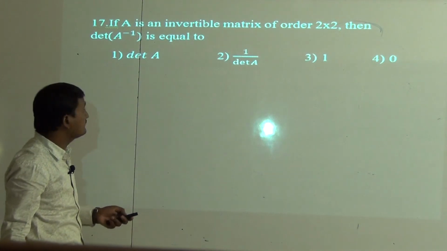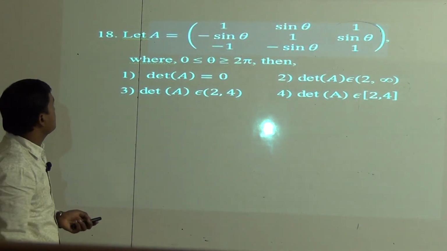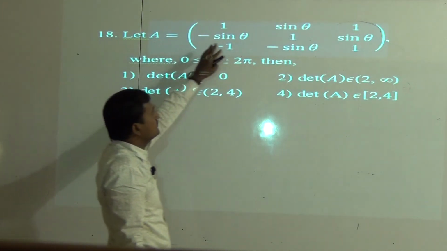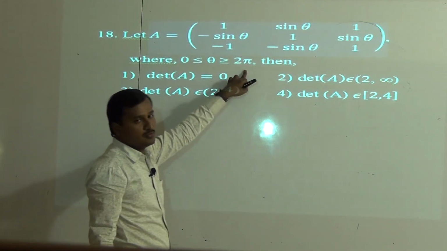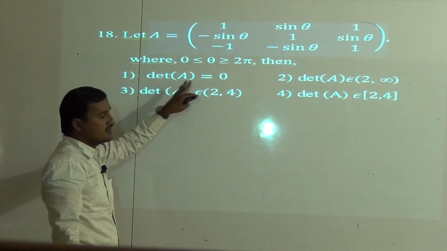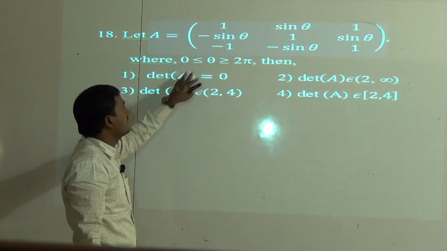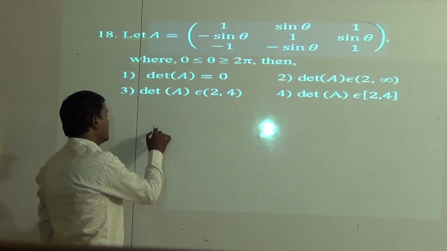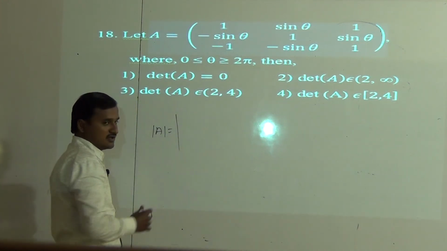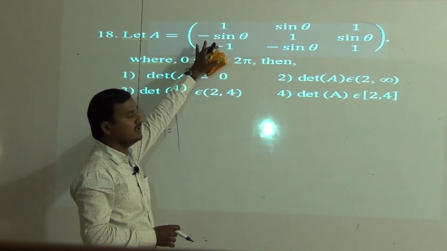Okay, this one. So here let A be equal to this matrix they have given, where theta lies between 0 to 2 pi. Then what is the condition for determinant of this matrix? So for this I will take the determinant of A, right? So first we should take the determinant of this one.